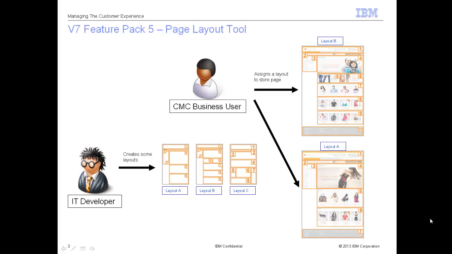The new page layout tool in Feature Pack 5 is the capability to give business users the ability to select different layouts for different store pages. However, it has the prerequisite that IT creates all these different looking layouts beforehand.